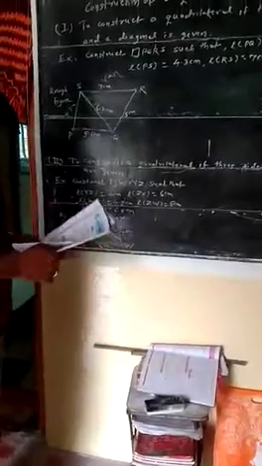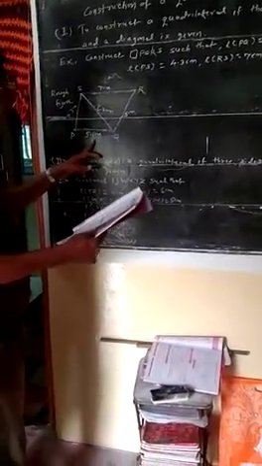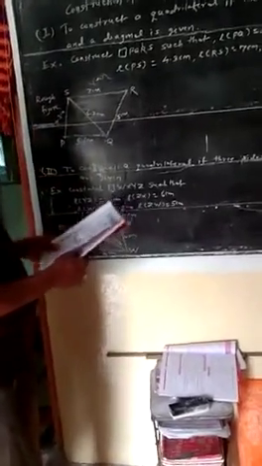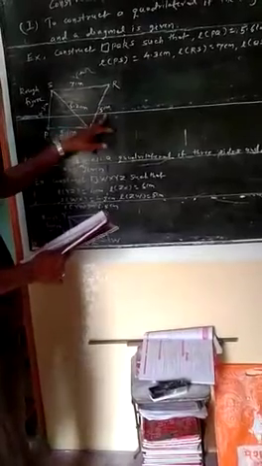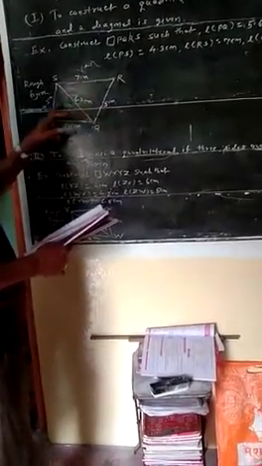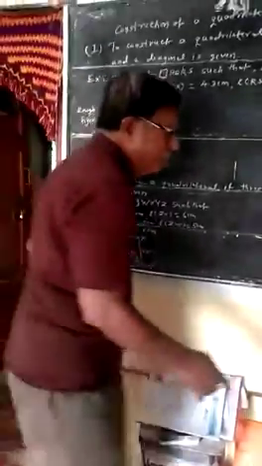So how to construct this? You can draw the rough figure with the help of your book. The rough figure has PQ 5.6, QR 5 centimeter, RS 7 centimeter, QS 6.2 centimeter, and PS 4.3. How to construct this with the help of instruments?